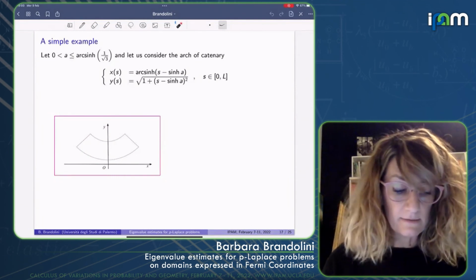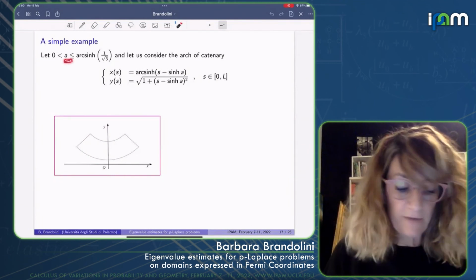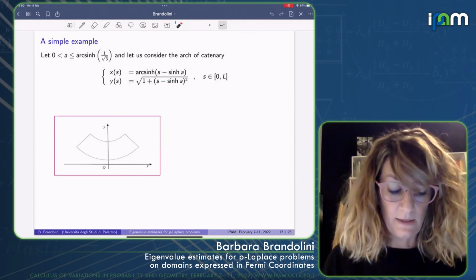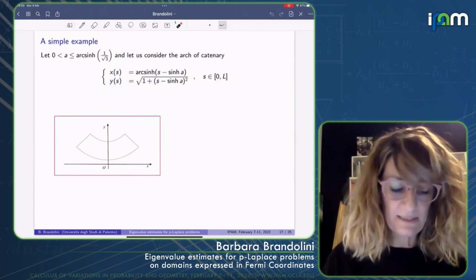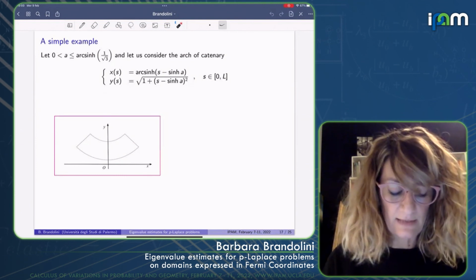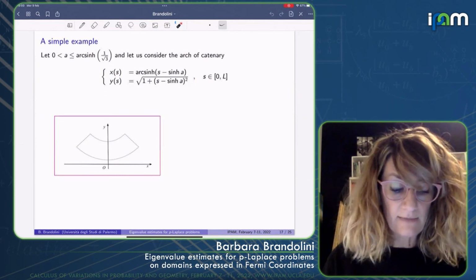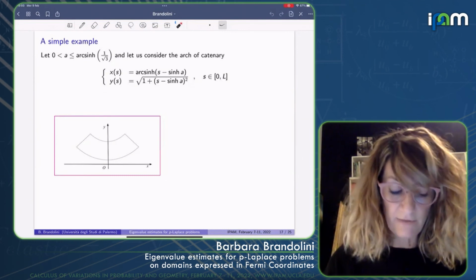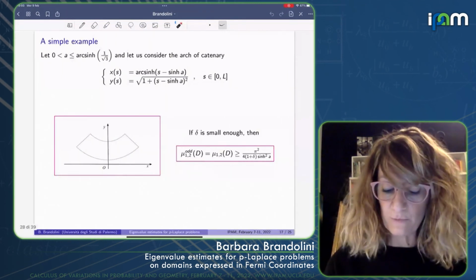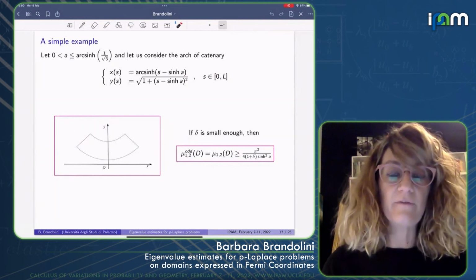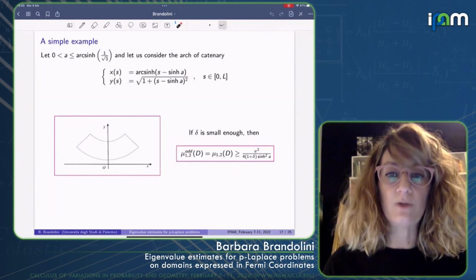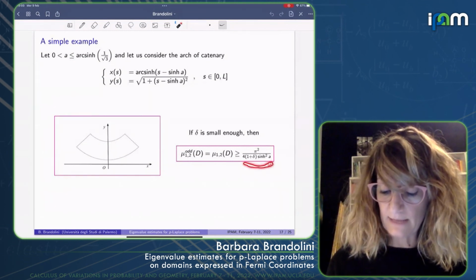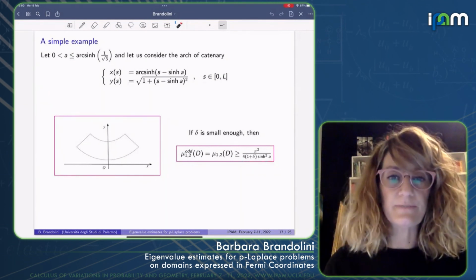And if a is small enough, in this parameterization of the catenary with respect to its arc length, we get that the curvature is concave. So we can prove that if delta is small enough, μ1 coincides with μ1 odd, and is greater or equal than this explicit number where delta and a appear.